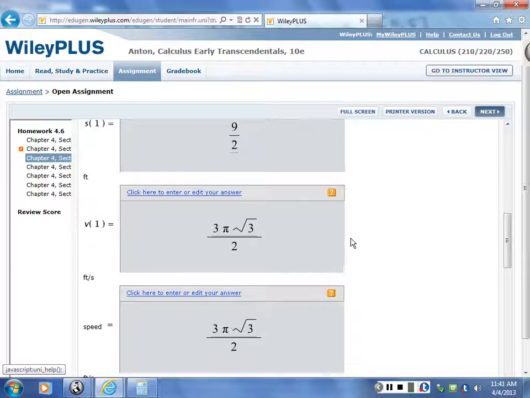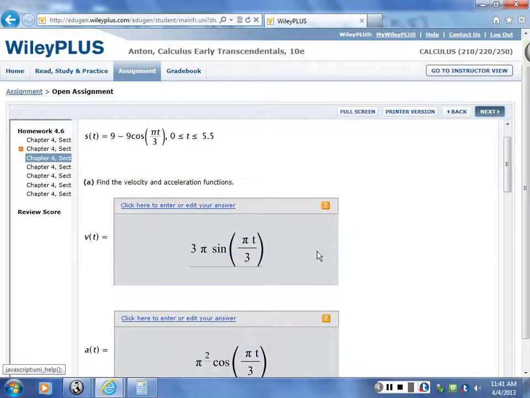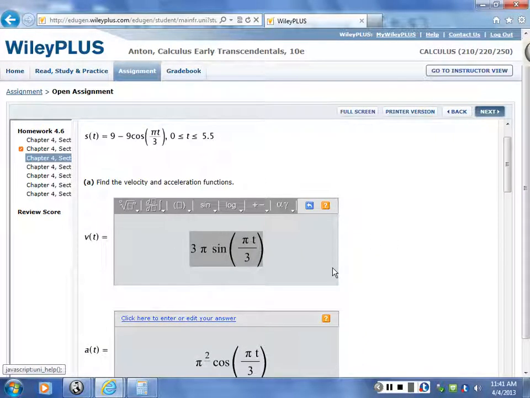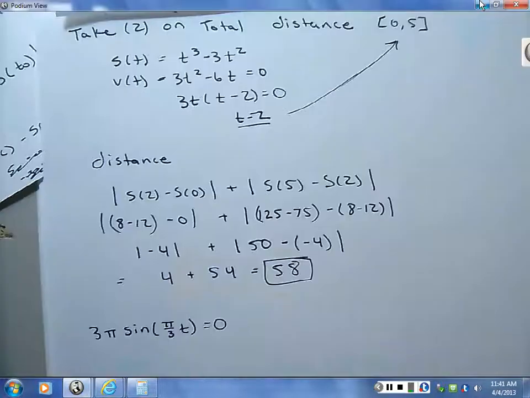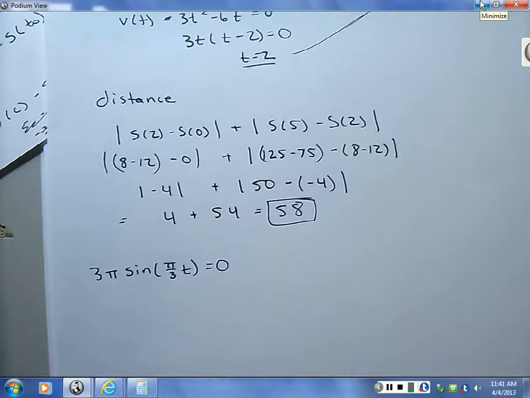At what point is the particle stopped? Well, that's when velocity equals 0. Oh no, we're going to have to do trig. So we're looking for when 3 pi sine of pi over 3 t equals 0.